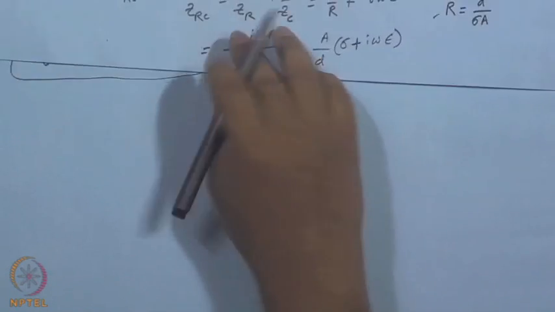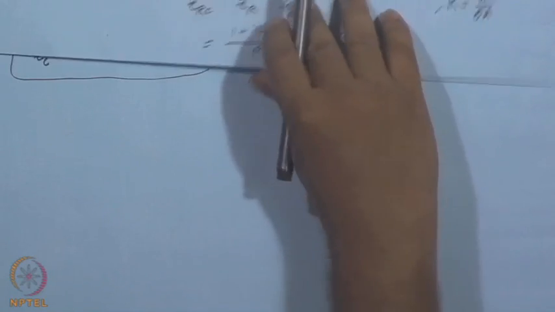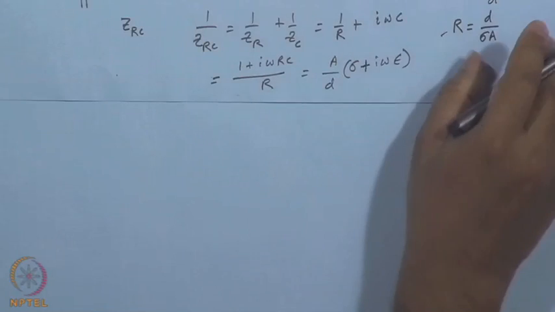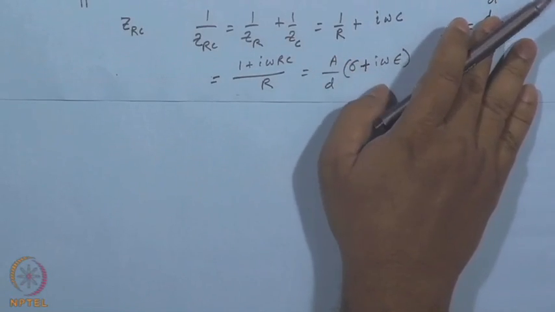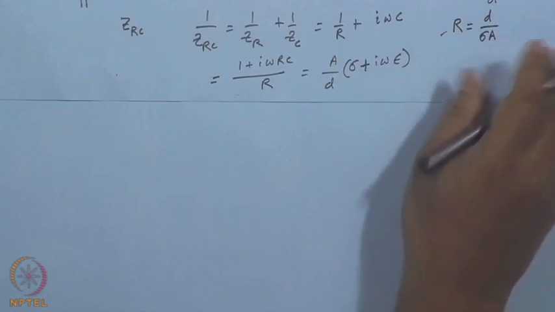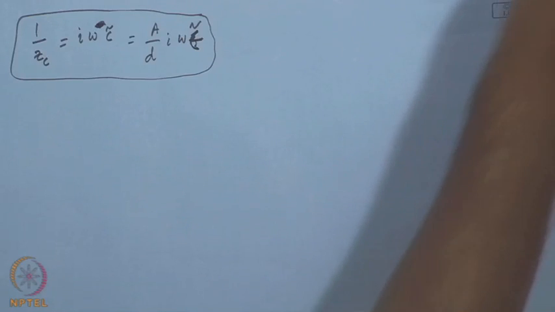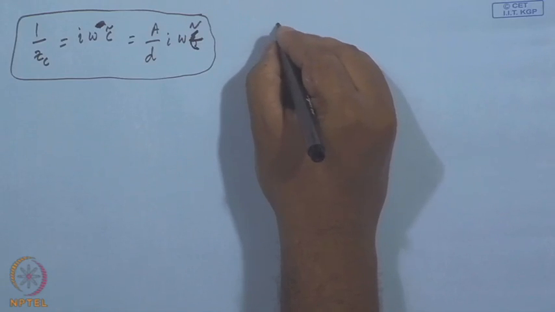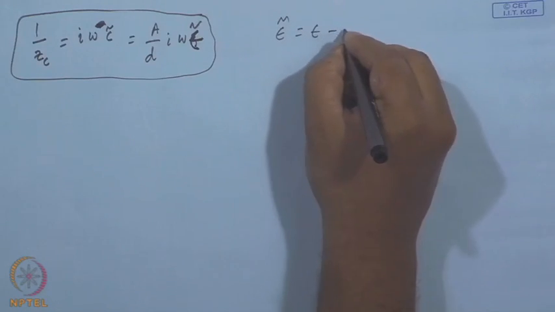So, 1 by ZRC. If one equates these two, this will lead to epsilon minus I sigma by omega.